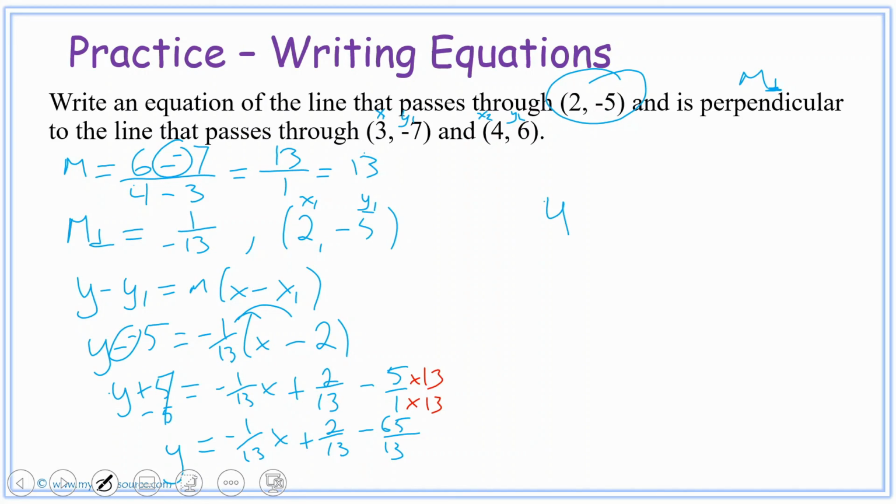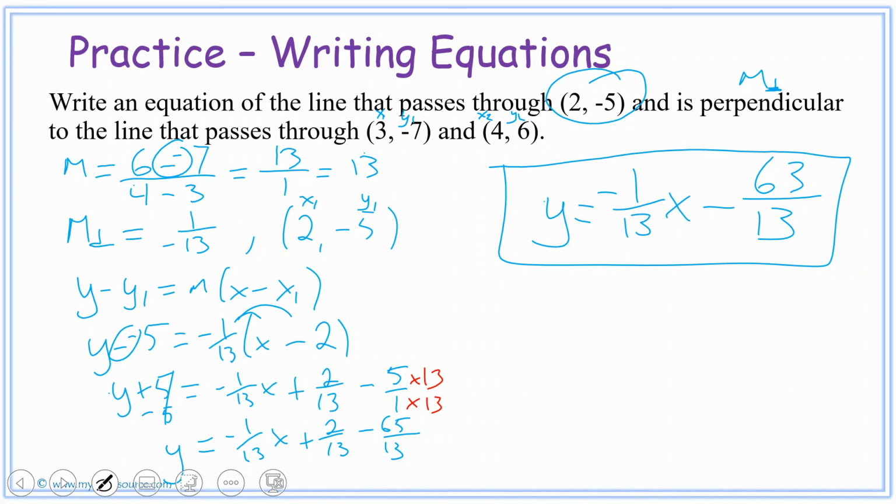So we could write the final answer up here. y equals negative 1 over 13 x, and this will end up being negative. If I add 2 to negative 65, that's going to be negative 63 over 13. And that's our final answer for that one. Remember, for questions like those, try to formulate a little map there to assist you.